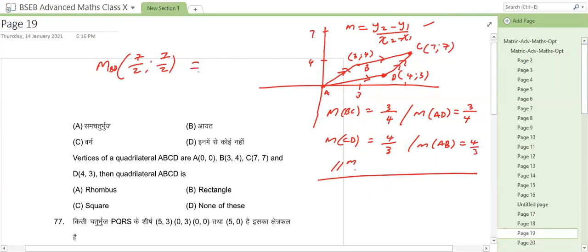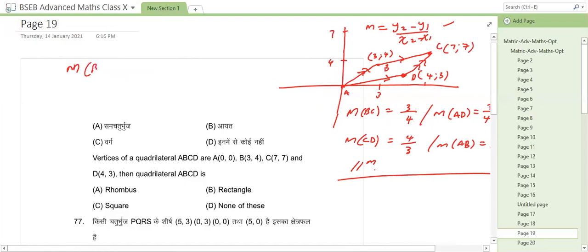Sorry, we are finding the gradient of BD. The gradient of BD is equal to, sorry, it's not 7/7, it is 4 minus 3, which is -1.